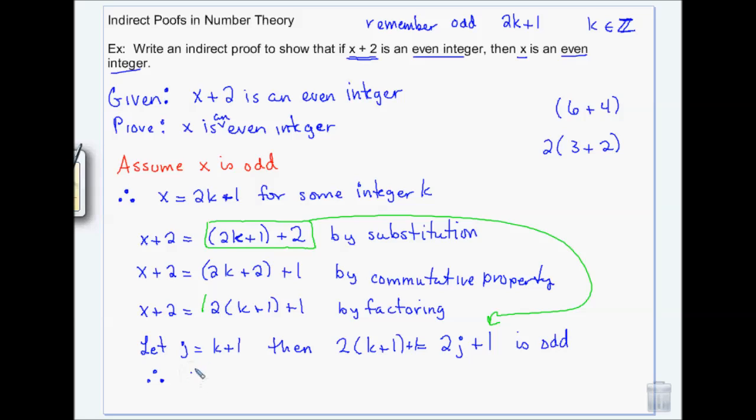This contradicts that x plus 2 is even. So therefore, x is even. This whole thing was just so I could prove that I had a contradiction.